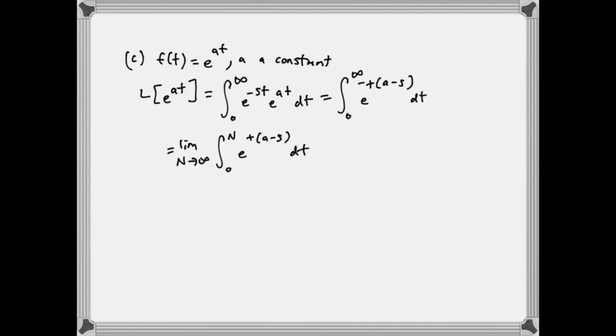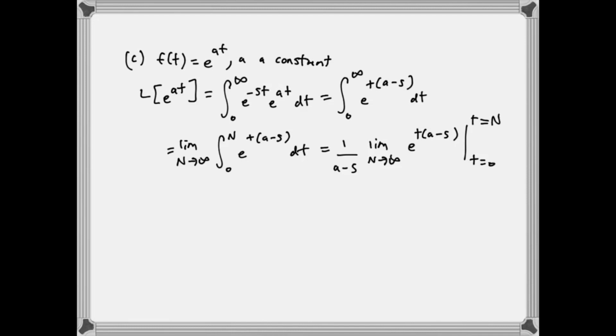So this is equal to 1 over a minus s, and then the limit as n goes to infinity of e to the t times a minus s, going from t equals 0 to t equals n. So that's the antiderivative.